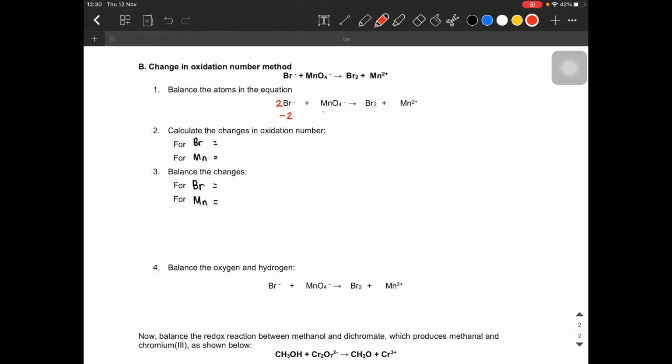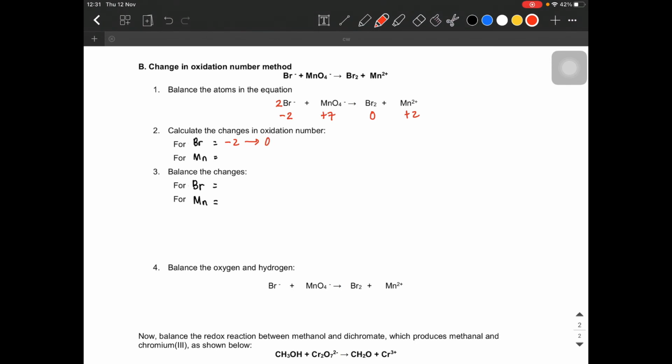The oxidation number of manganese is positive 7, and Br2 here is 0, and Mn2 plus here is positive 2. Okay, so the change in oxidation number for bromine will be from negative 2 to 0.